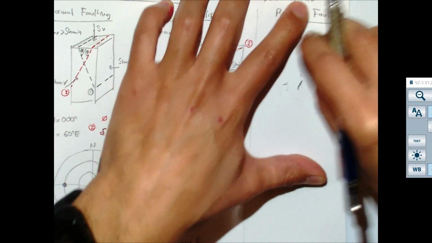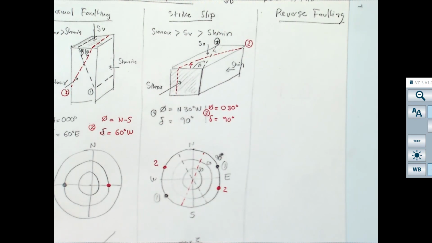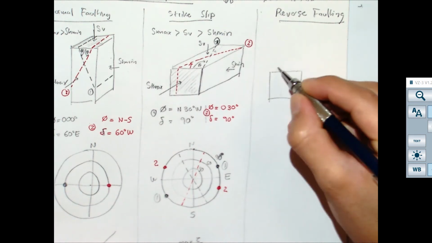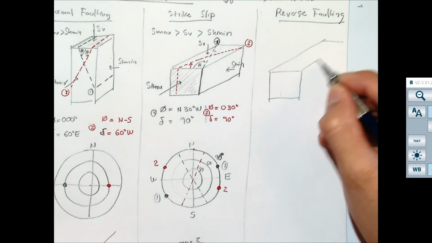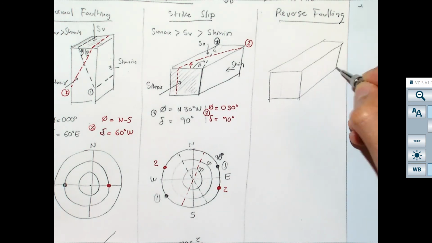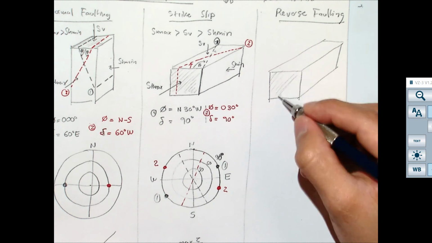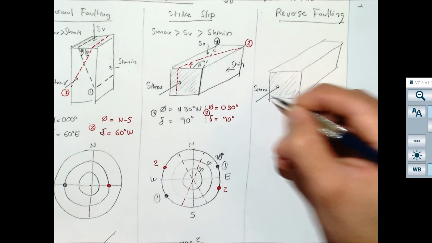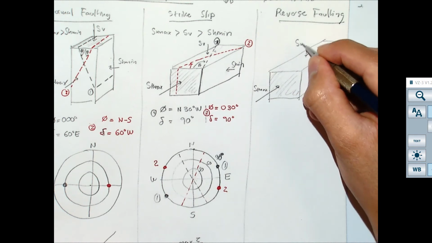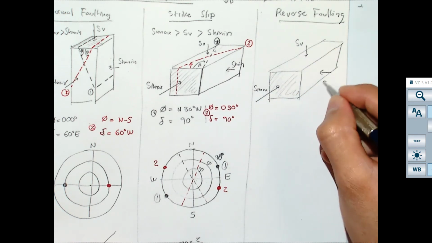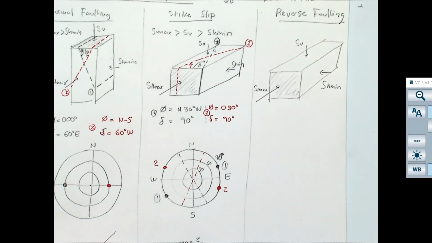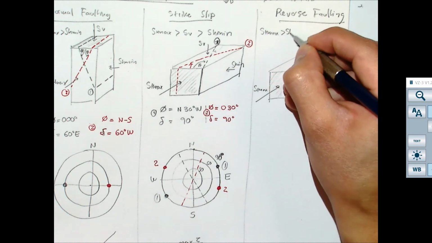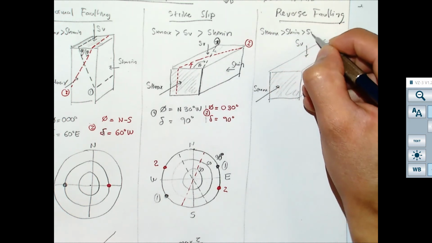The maximum horizontal stress striking in direction north-south, with the axis also going in direction north-south. So this is going to be SH max. This is going to be SV, and this is going to be SH min, where in reverse faulting SH max is larger than SH min, larger than SV.